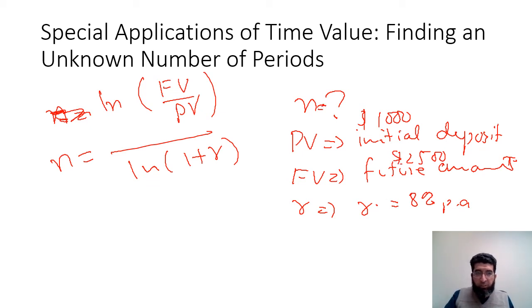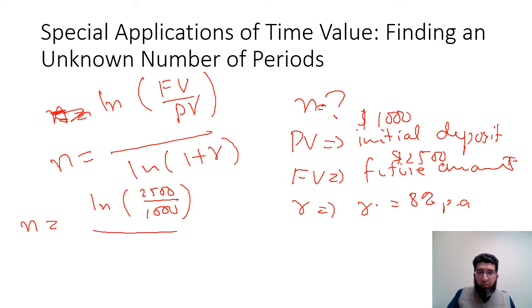We can plug in and see that n equals log of future value divided by present value, which is 2500 divided by 1000, divided by log of 1.08. This will give us a value of 11.91 years, or approximately 12 years.